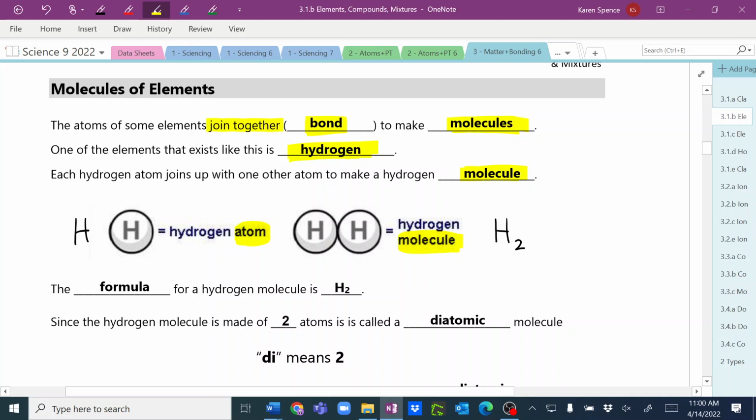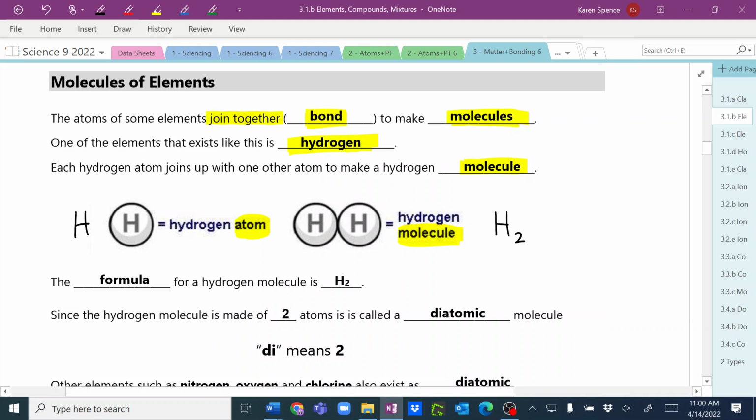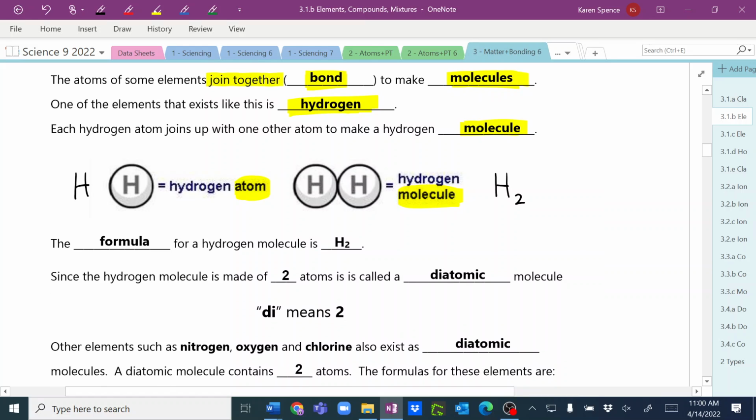So, formula for the hydrogen molecule is H2. It is a molecule. It is made of two atoms. The prefix di means two. So we can say that this is a diatomic molecule, meaning that we have two atoms. Bi is a different prefix, we just don't use that in this context, okay?